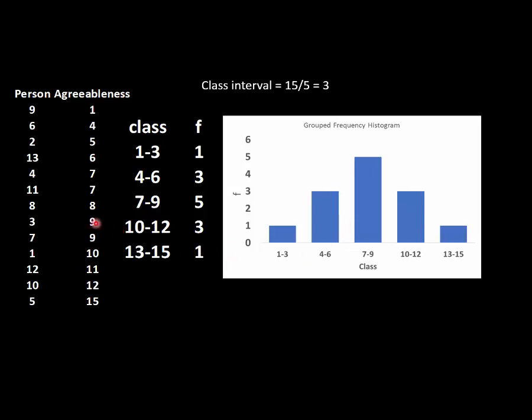But if your data are categorical or discontinuous, then put a gap in between the bars. And that represents that these are, in fact, discrete classes, that there's nothing in this interval here. Okay? So, just a little statistics tradition for you there. All right, that's it for this video.